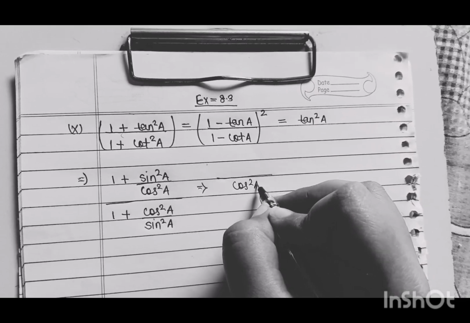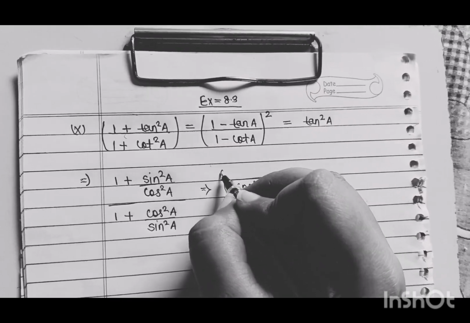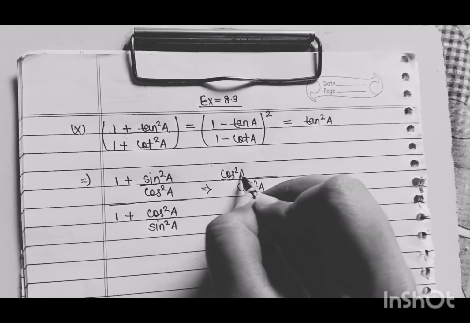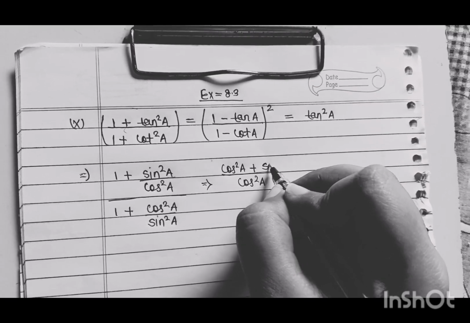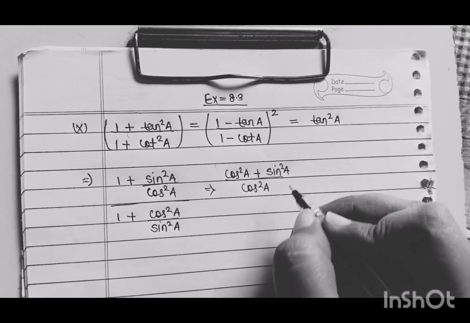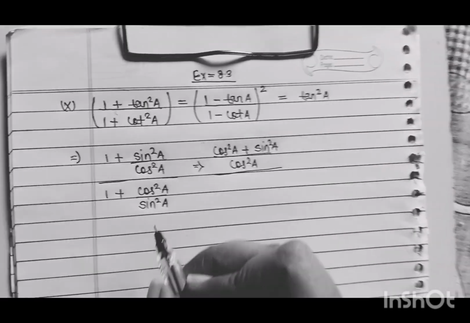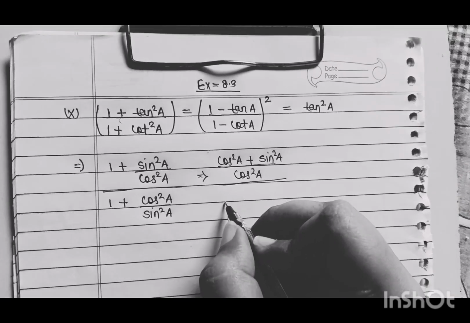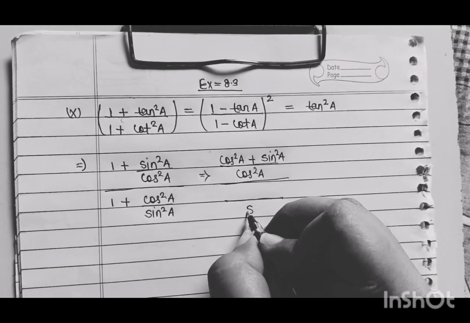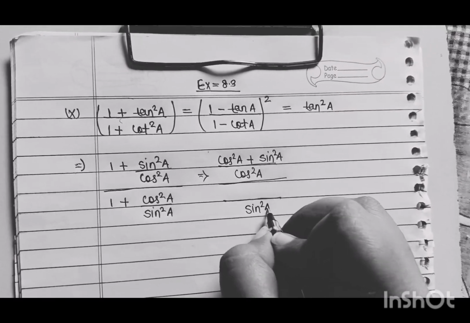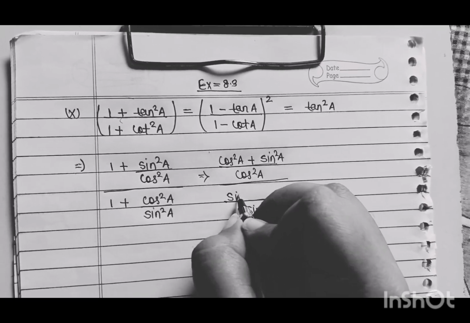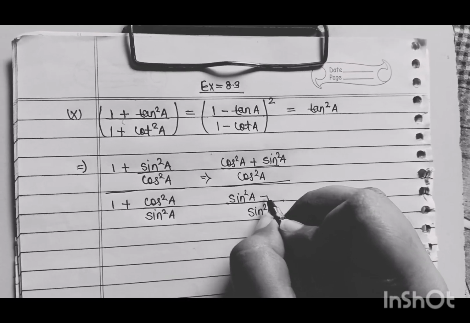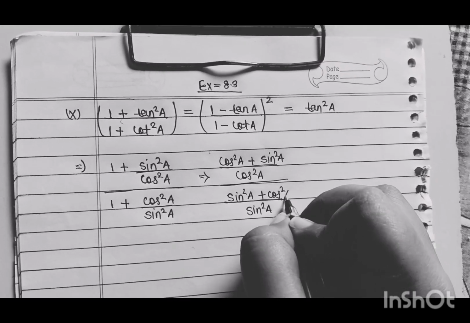Cos square A will go, cos square A plus sin square A divided by, here we will also take the LCM, so it will become sin square A, again sin square A plus cos square A.